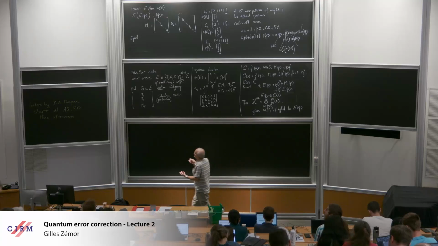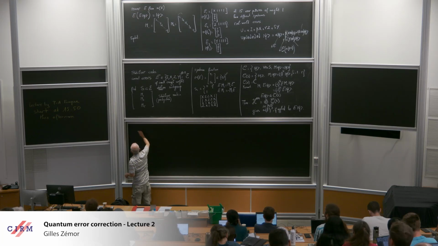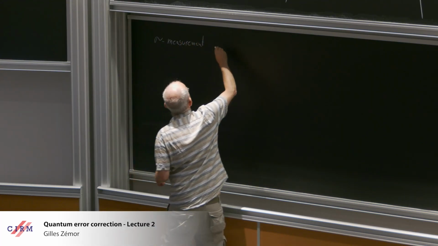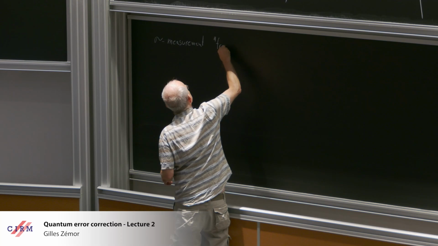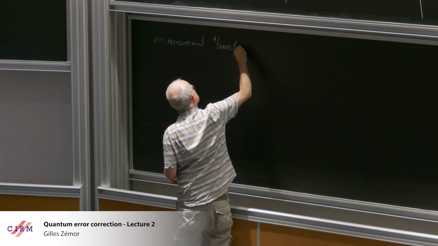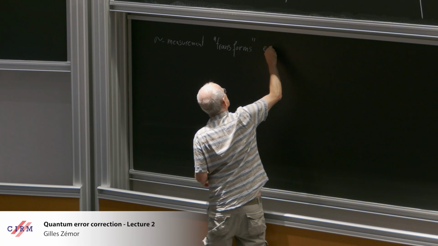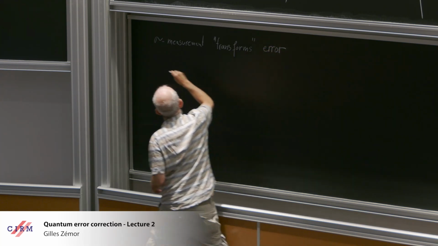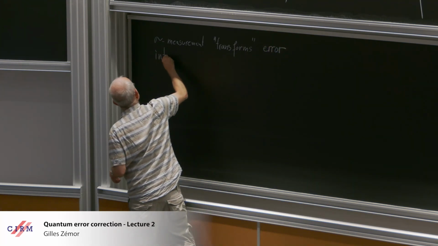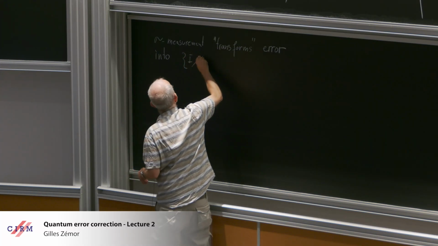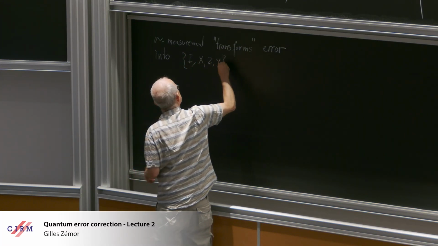So one way of thinking about this is that the syndrome measurement basically transforms the real world error into a pure identity, X, Z, or Y error.